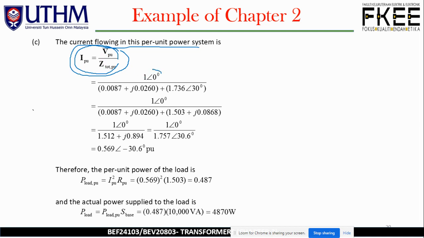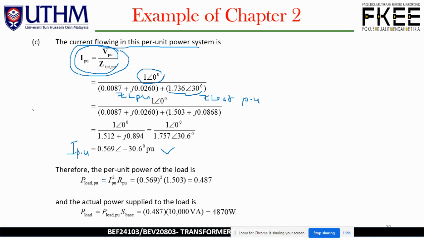So we have VPU, the generator voltage per unit, which is 0 degrees, over Z line PU, just to recall, and then Z load PU. By solving this, the final IPU is equivalent to 0.6569 at negative 30.6 degrees PU.